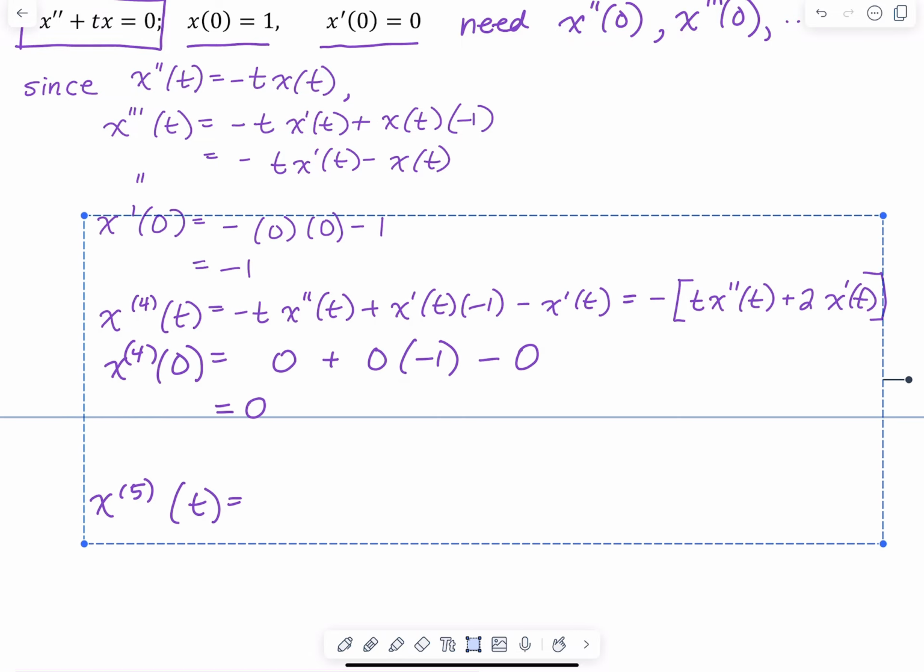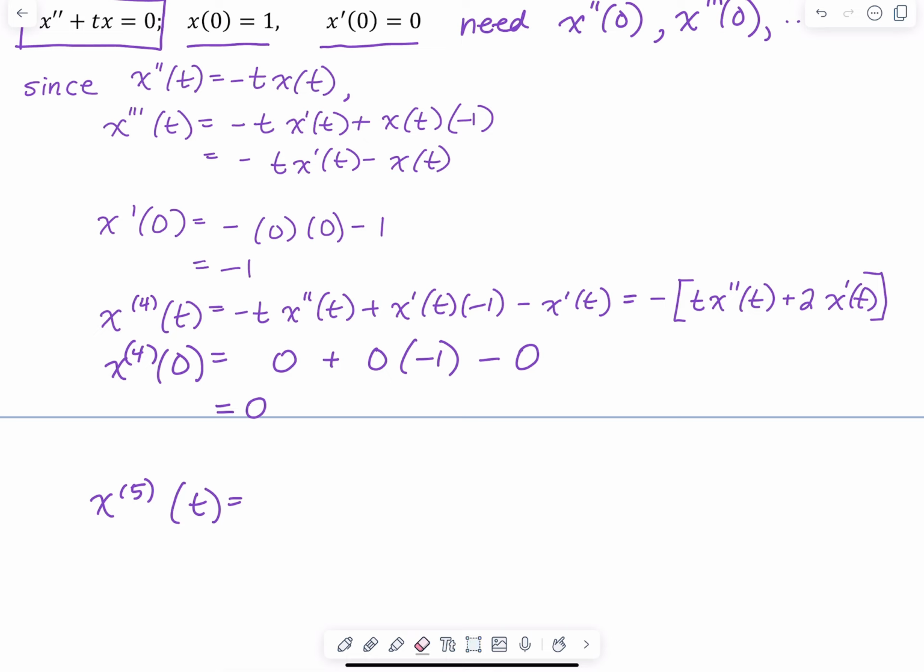If you notice right here, if we take a negative out, we have a tx prime of t plus x of t. So we see that we have a little pattern here.